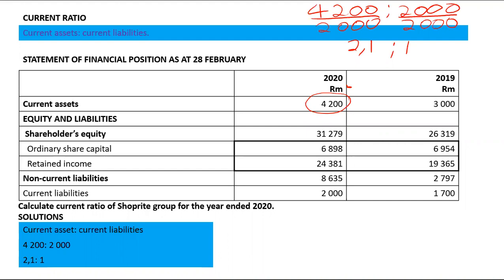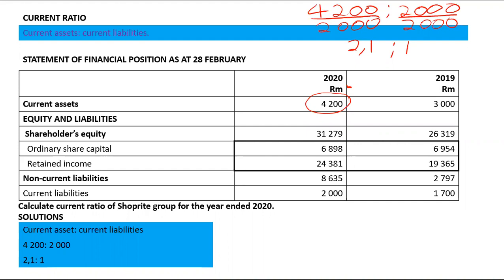Now, this company here, ShopRite, is highly liquid. It means that for every 1 of current liabilities it has, there will be 2.1 of assets, meaning that it will be able to settle its short-term debts because current assets are twice the current liabilities.